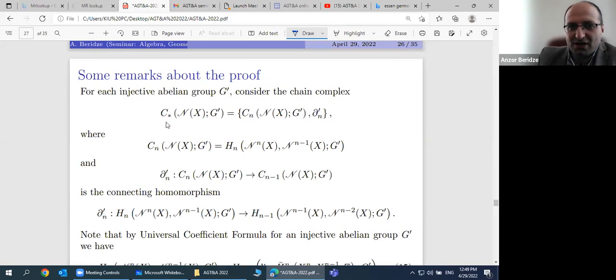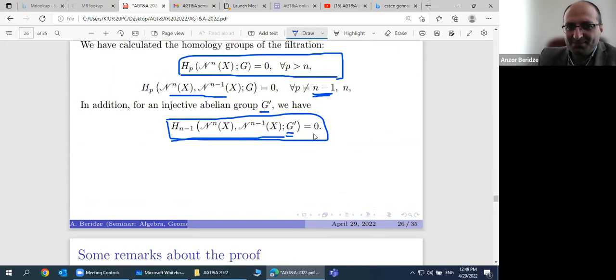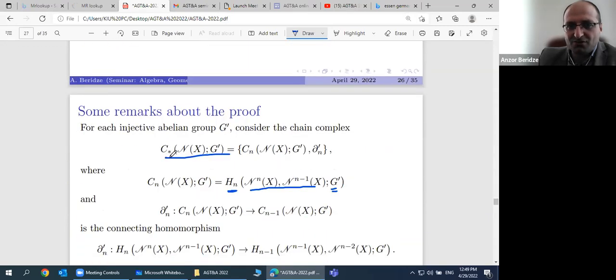I will construct the chain complex using this homology theory. What is an n-dimensional chain complex? The n-dimensional chain complex is the n-dimensional homology of this pair. But I can do this only for an injective coefficient group, because for a non-injective coefficient group, I don't know whether this is 0 or not. But for an injective group, I can construct a chain complex.